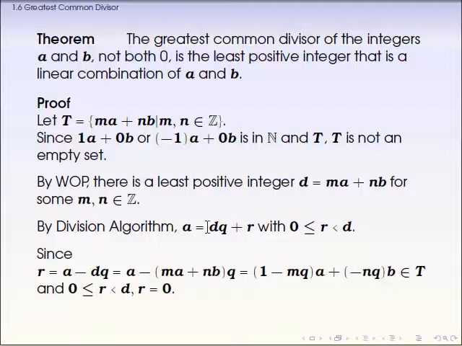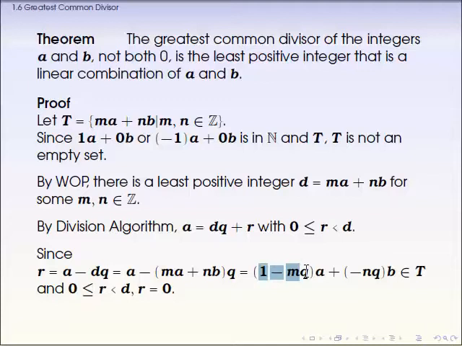The r, by rearranging this equation, can be written as a minus dq, but d is a linear combination of a and b, so instead of d we can say ma plus nb. So a minus dq is a minus (ma plus nb) times q. After rearranging, this is equal to (1 minus mq) a plus (negative nq) b.